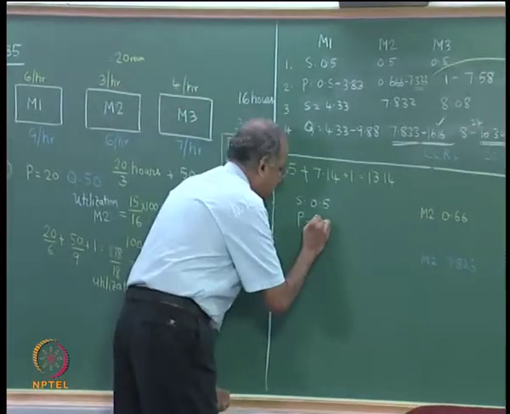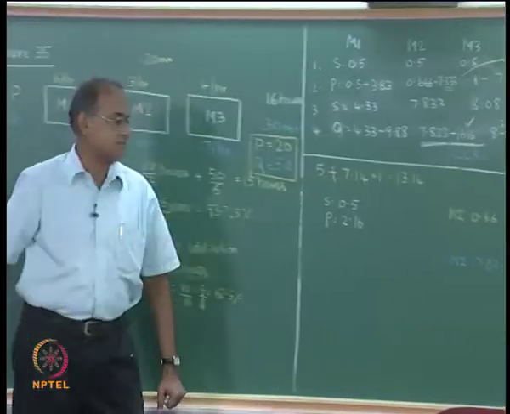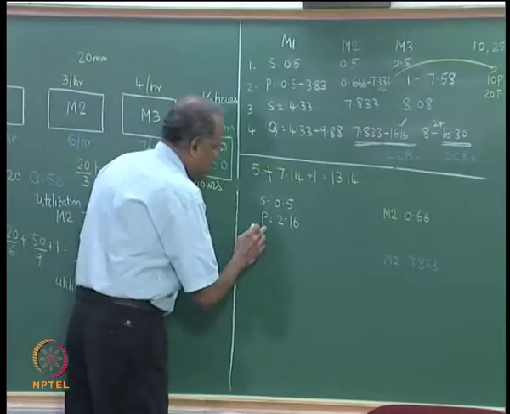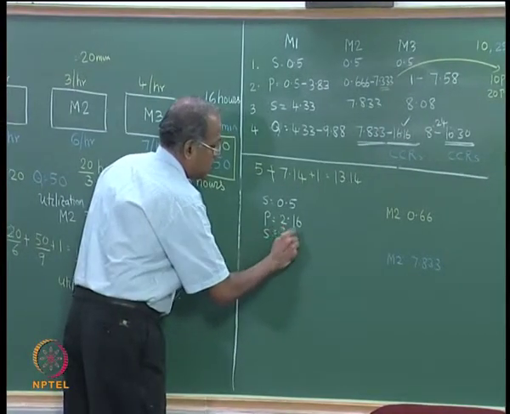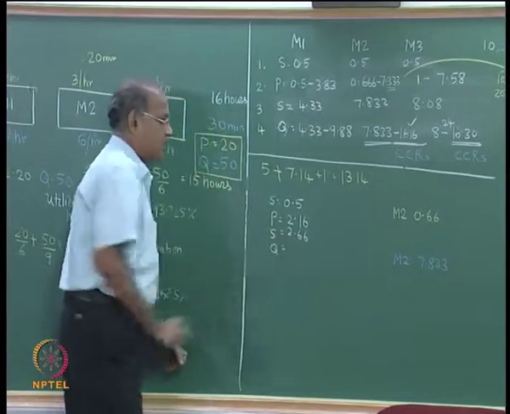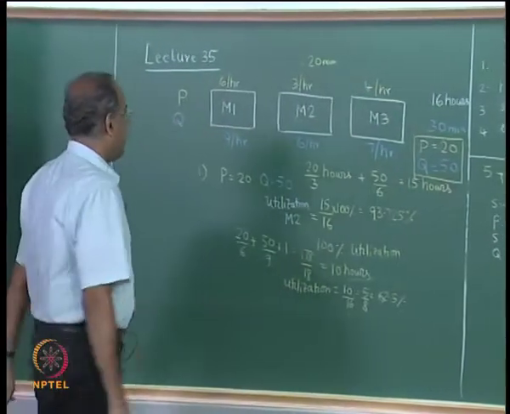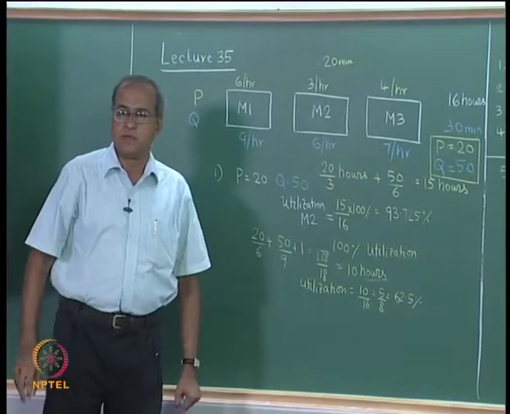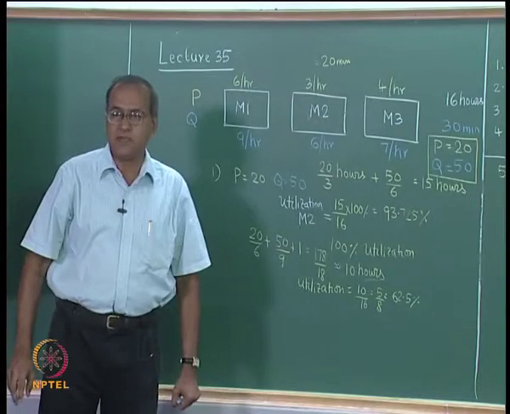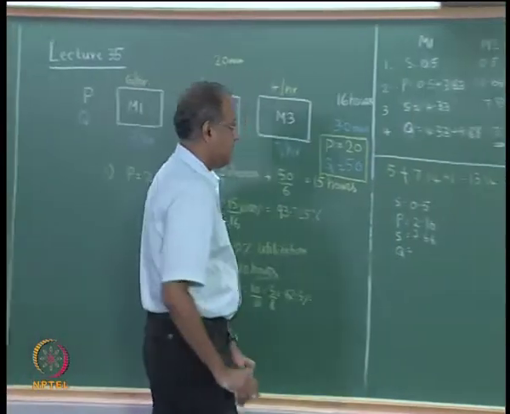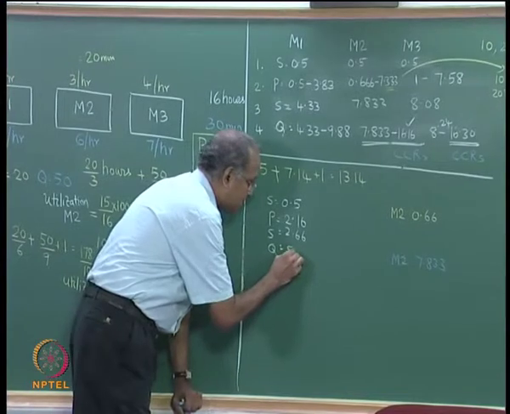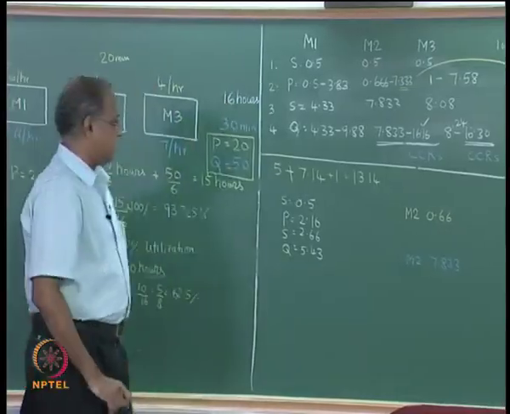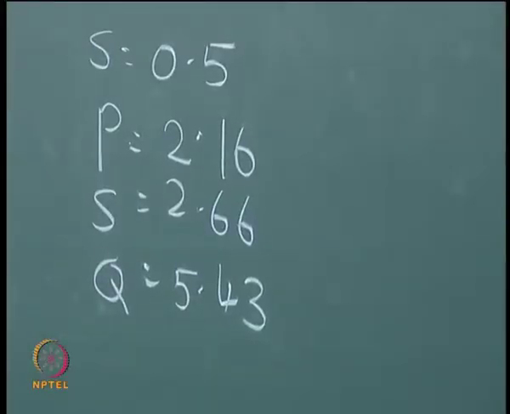So 0.5 plus 1.66 is 2.16. Now we look at another setup, so 2.66. Now 25 of Q is going to take 25 by 9, which is 2.77. So 2.66 plus 2.77 is roughly 5.43. This is over.